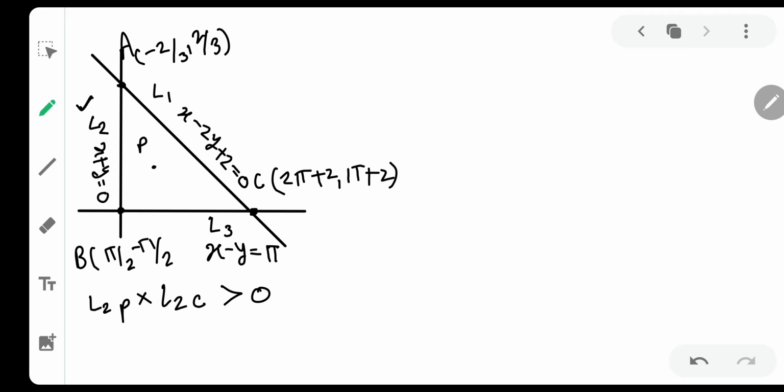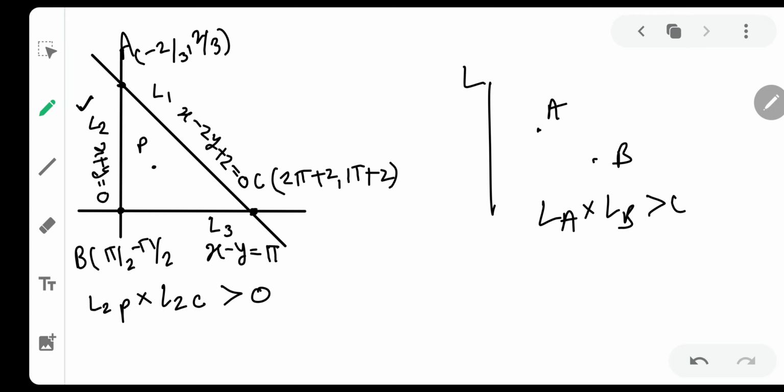It means after substitution of these points inside the line, we are going to get a positive number. That is the condition. Suppose point A is here and point B is here and this is your line. So line A into line B will be greater than 0. And suppose point A was here, then they are on opposite sides. Hence line A into line B will be less than 0. This is how this concept works.